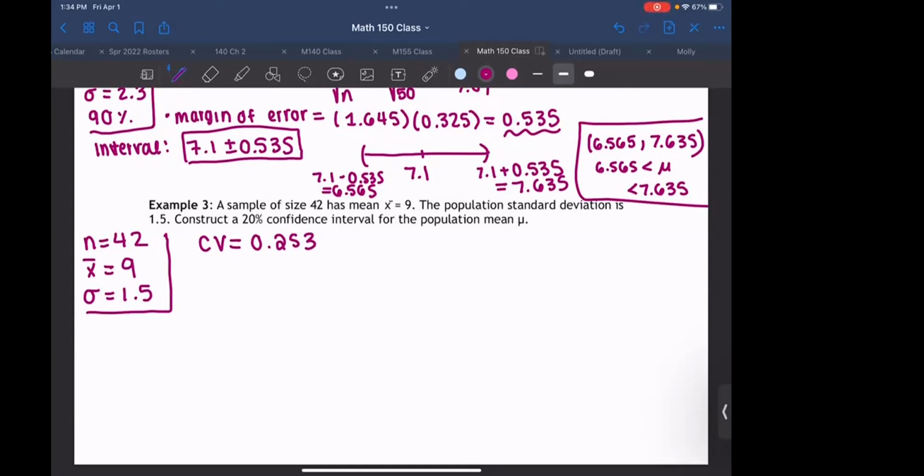All right, sounds good. So the standard error. Oh man, my Apple Pencil is breaking up. Okay, that ended up being 0.231. And then the margin of error, forget who I asked. It was me.